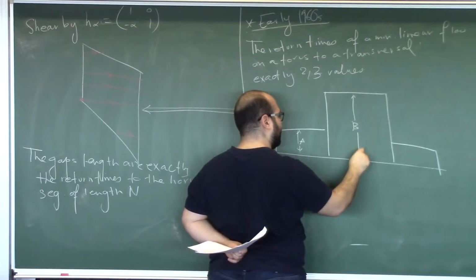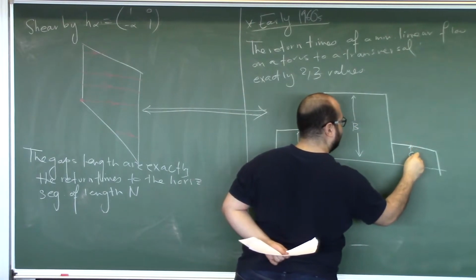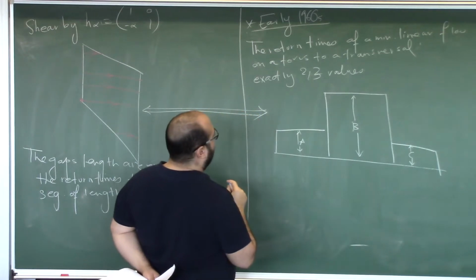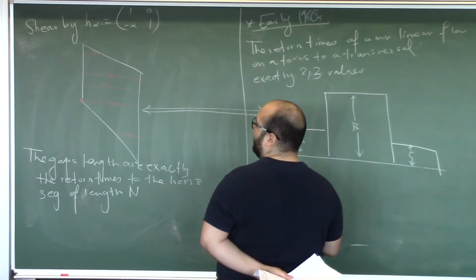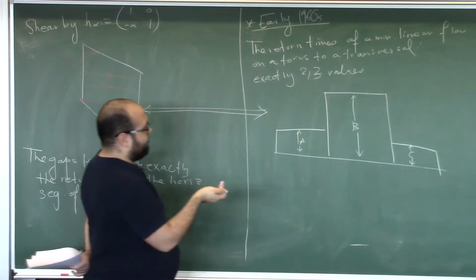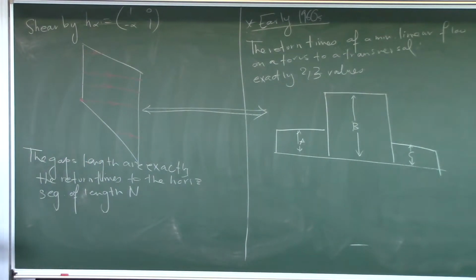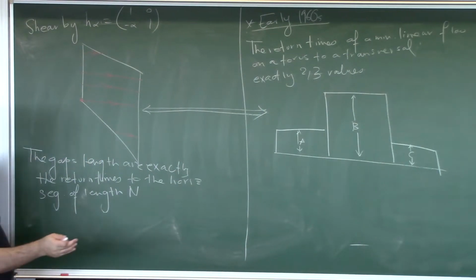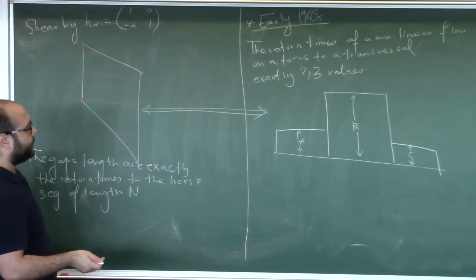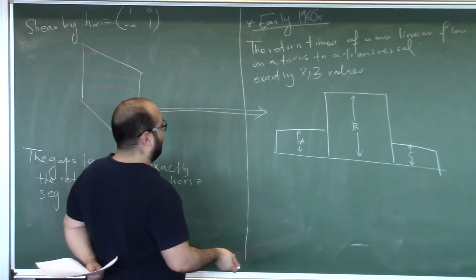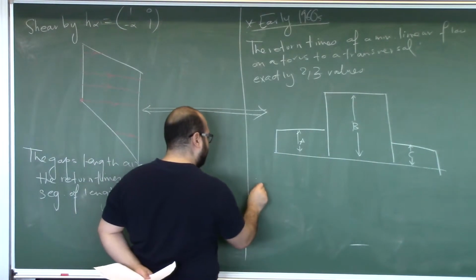This will be C. And in that sense, the Three Gap Theorem is pretty much the statement that if you take a minimal linear flow, your torus decomposes into a zippered rectangle with exactly 3 heights. So yeah, so true.